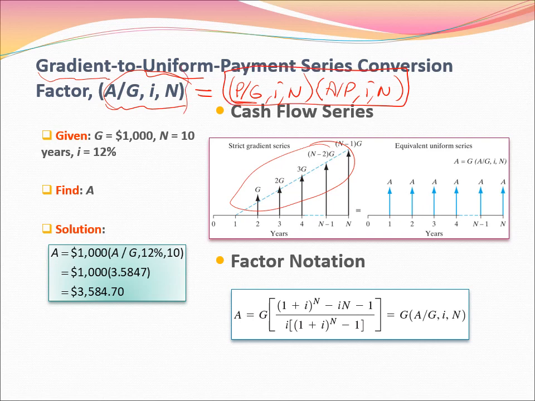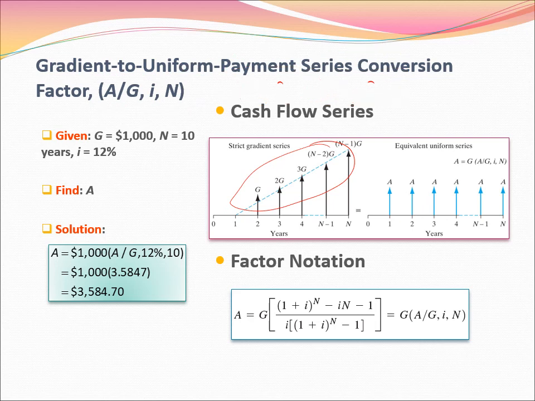So in your books, for example, look at the factor tables, and for each row select a table and the row and just multiply this value with this one, and you will obtain this value on the table. Okay, so this factor is called gradient to uniform payment series, and we simply want to do this.